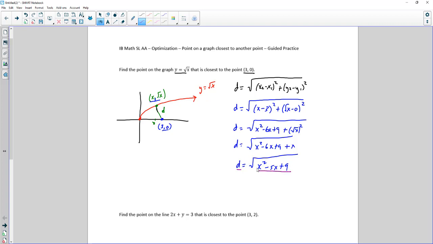So to minimize the value of the distance, we need to minimize the value of what's inside the square root, because the smaller you can make what's inside the square root, the smaller that distance will end up being.